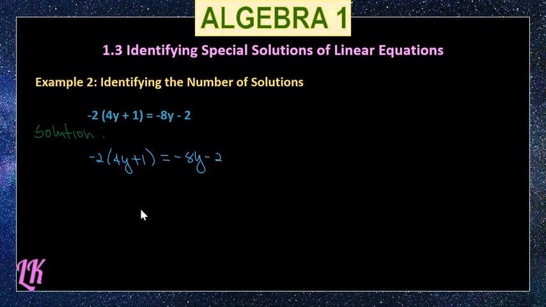Again, let us use distributive property to remove the sign of grouping. So -2 times 4y is -8y. -2 times 1 is -2. The right side remains to be -8y minus 2.